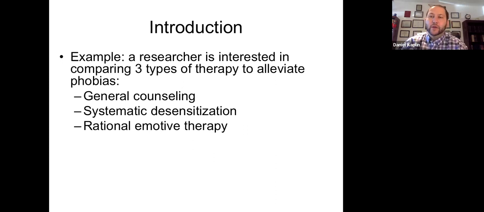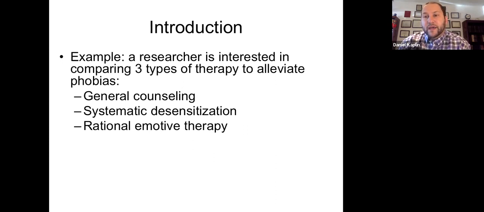So in this scenario, let's say we had general counseling, maybe this is psychoeducation or whatnot about phobias. And we compare that against something like systematic desensitization, which is a form of exposure therapy where you gradually introduce the person to whatever the feared issue was, and slowly bring them closer and closer to their fear.